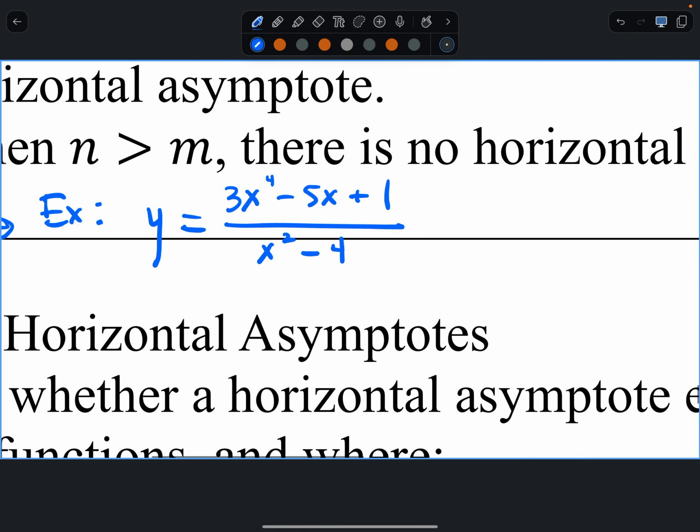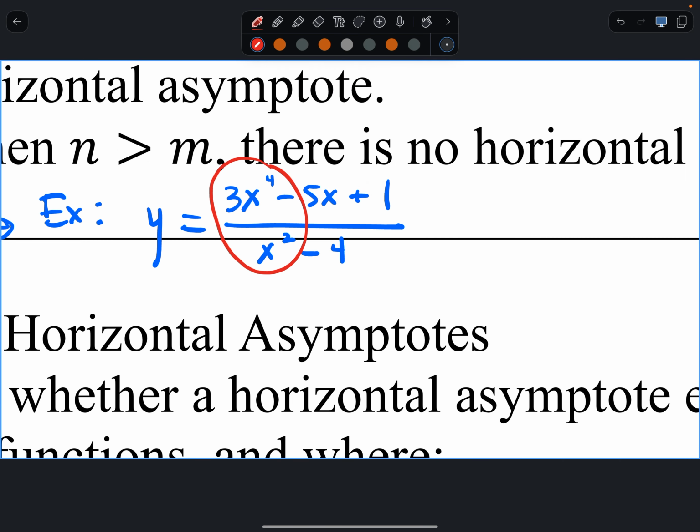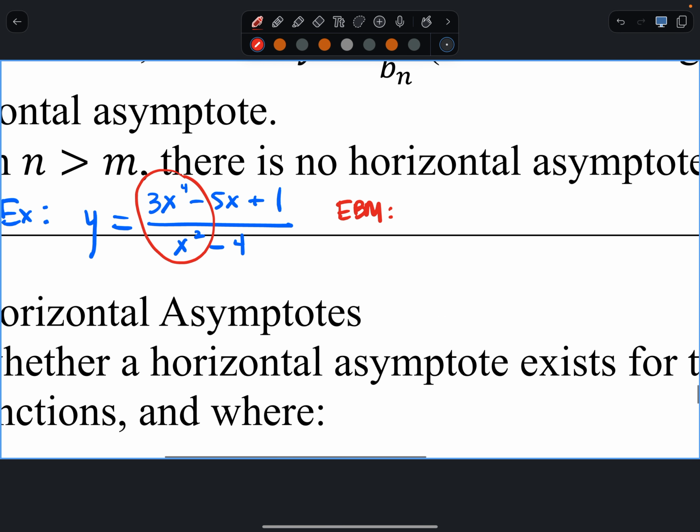Our end behavior model would be y equals 3x to the 4th over x squared. What does that simplify to? 3x squared.